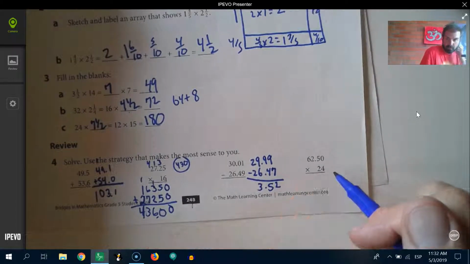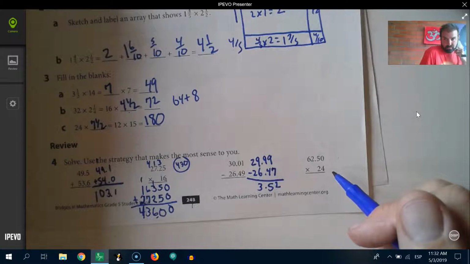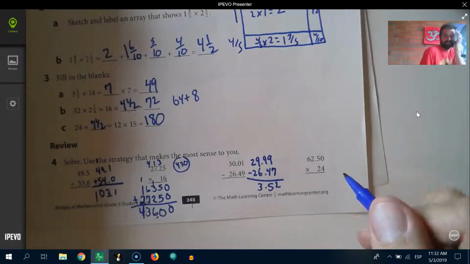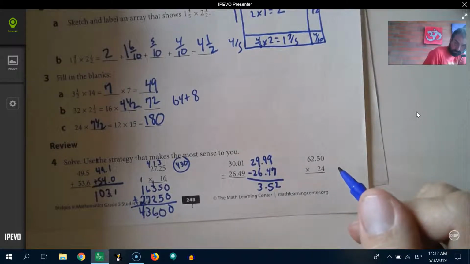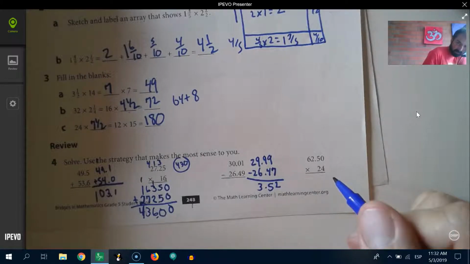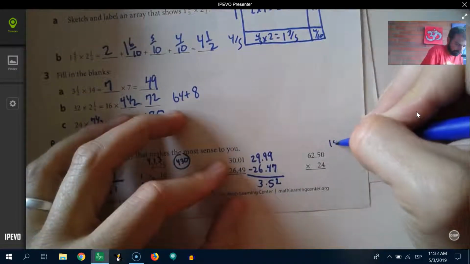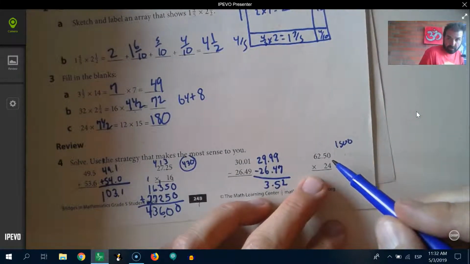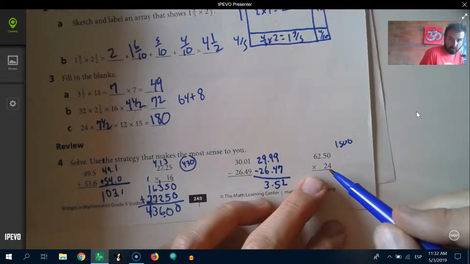62.5 times 24. That's gonna be around 1200. Like 1400? 1500? Be around 1500, I think. Alright, 62.5 times 24.